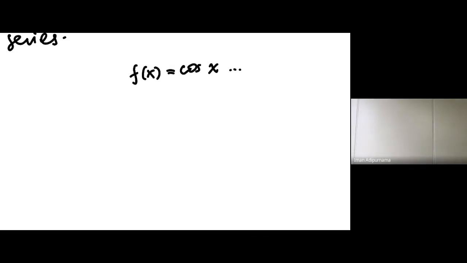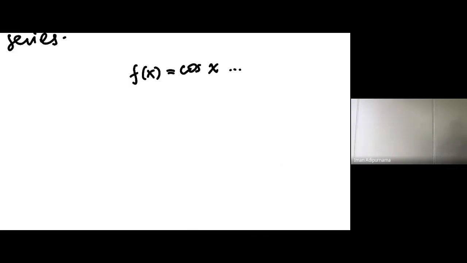From what we did before in sine, you can do that part if you want. You can check cosine at a equals 0, check the derivatives, check how we can expand the function, check the formula, we get the sum, and so on.